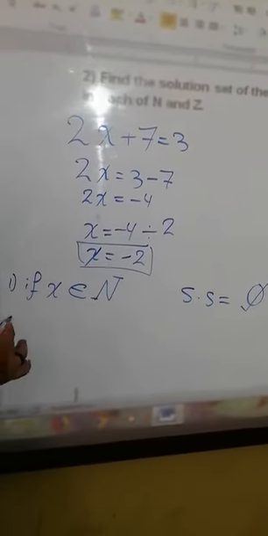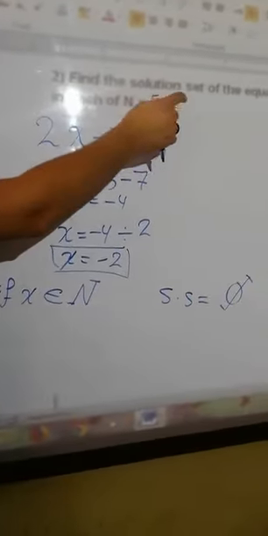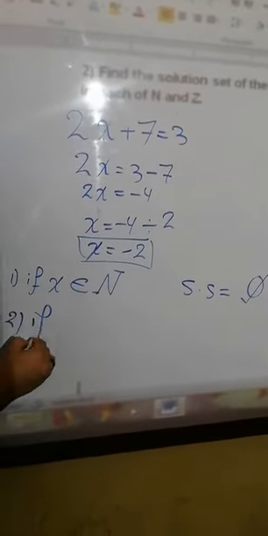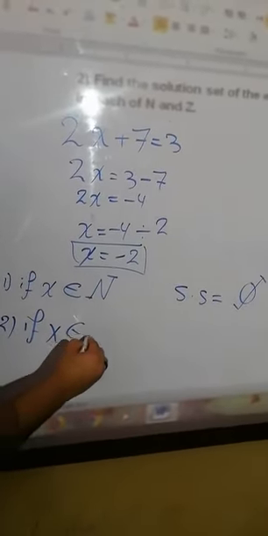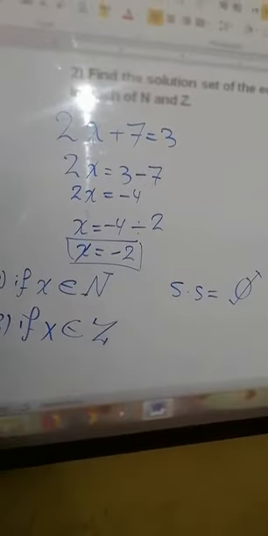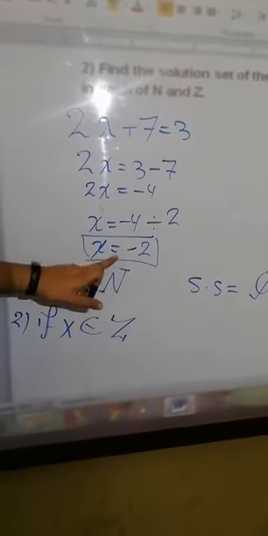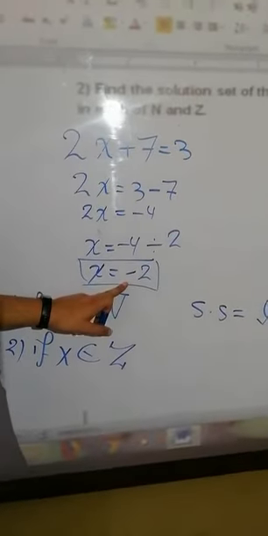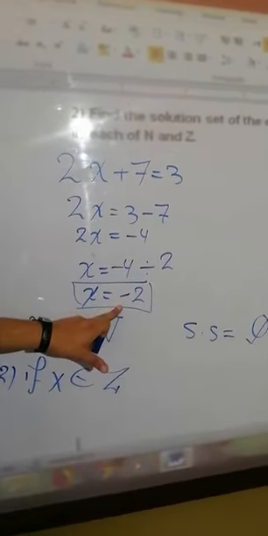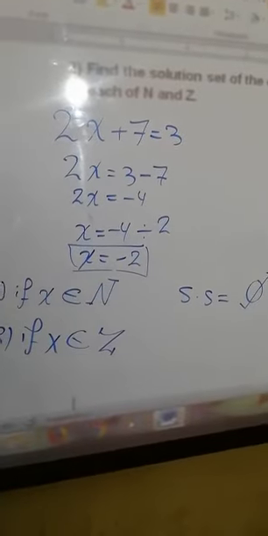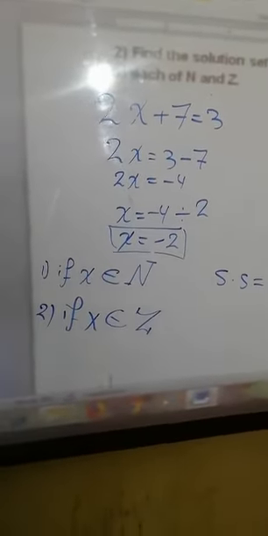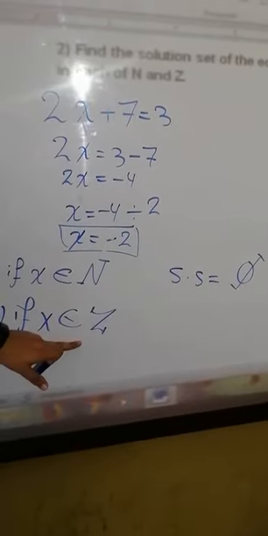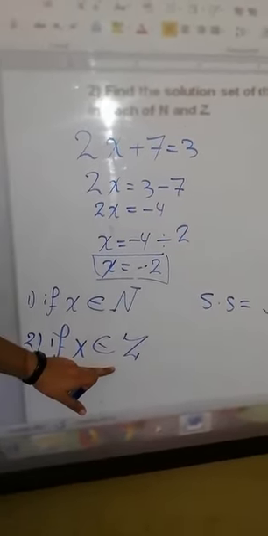What about number 2? He needs also in Z. So if x belongs to Z, integers, we know that x equals negative 2 in this example. Do you have any negative number in integers? Yes, integers consist of positive numbers, negative numbers, and the zero. So negative 2 belongs to integers because it consists of negative numbers.